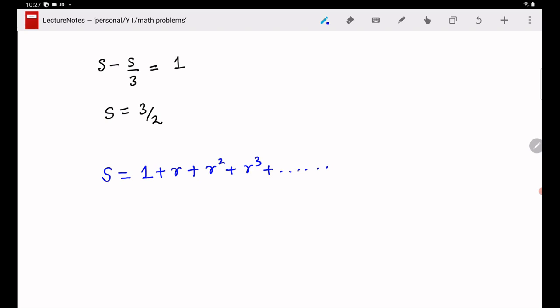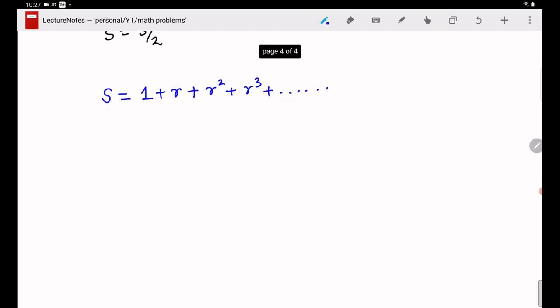To find the sum of this series, what we can do is we can multiply both sides by R. So on the left hand side we once again get R times S, and on the right hand side we get R plus R square plus R cube plus R raised to the power of 4 and so on.